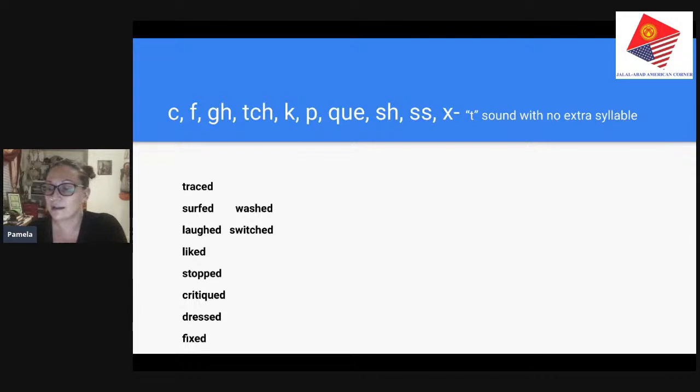We keep it at just one syllable. So trace and traced. So it's just a T, even though it looks like a D, it's just a T sound. Surfed, laughed, liked, stopped, critiqued, dressed, fixed, washed, switched. So this is the rule for those letters, having it be more like a hard T.